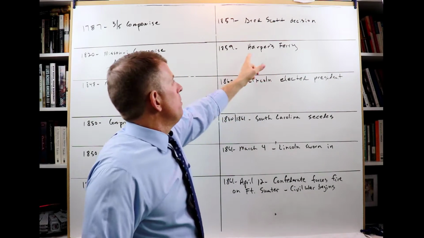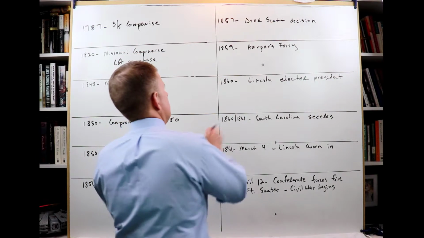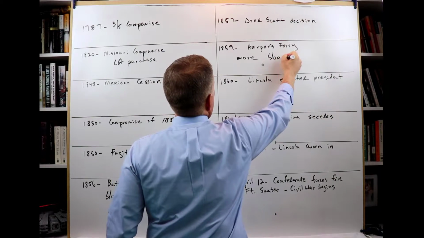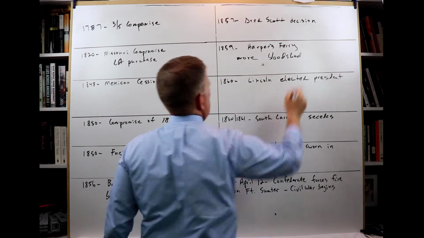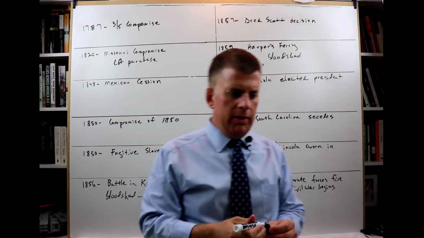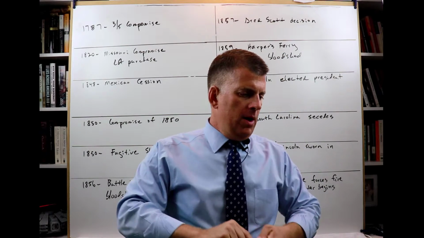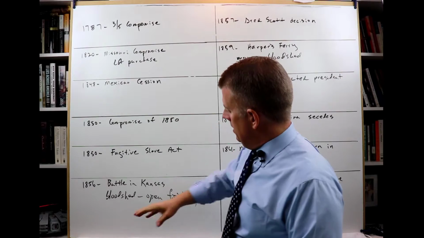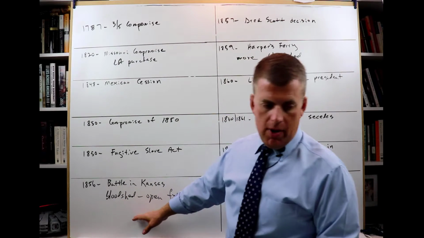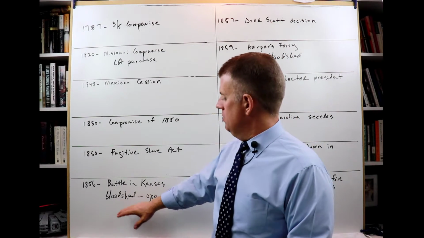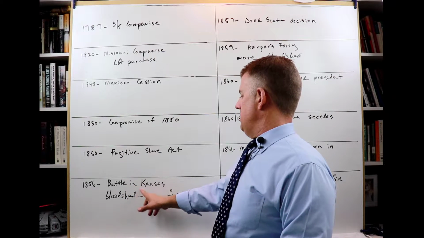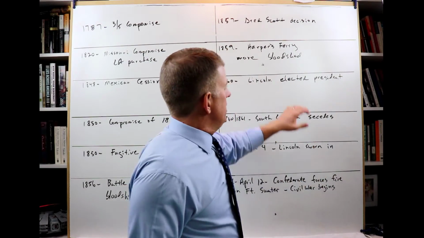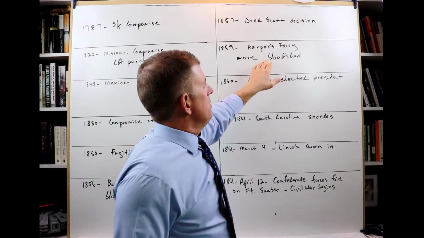1859, we have bloodshed again. More bloodshed. Harper's Ferry. It was in Virginia, and one of the leaders here, John Brown, one of the leaders who led this uprising, this fight here, the bloodshed in the Battle of Kansas, he made a raid.